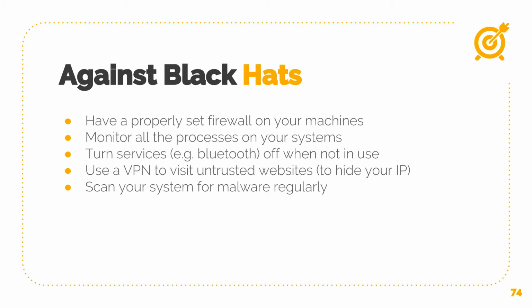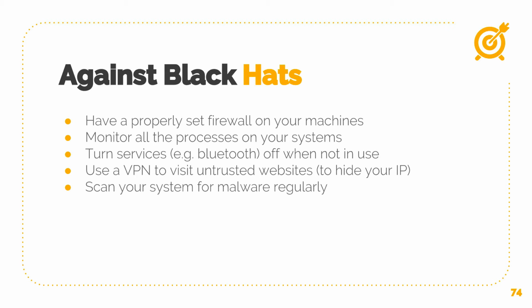How do we defend against black hats? First, you need to have a properly set firewall on your machines. It might be hard. You might need to do a lot of Googling and reading, but that's the case. You need to monitor all of the processes that run on your systems. So if there's a suspicious process running for a long amount of time, you need to understand why.